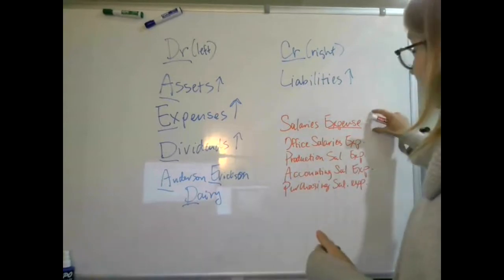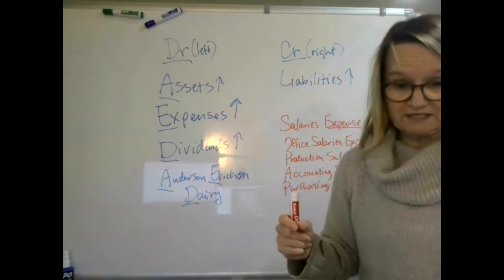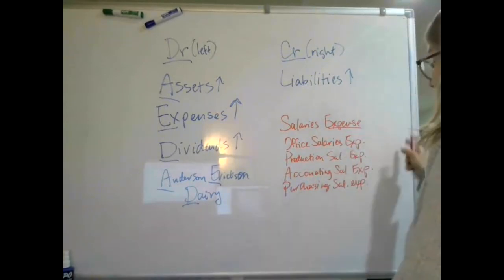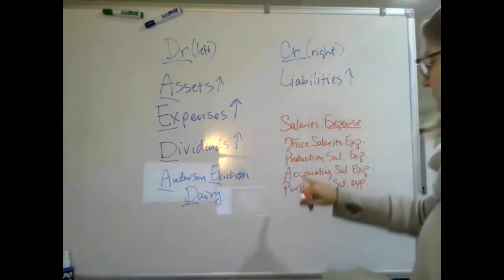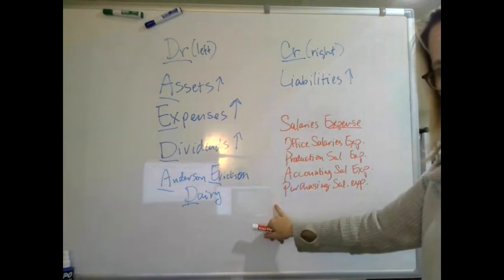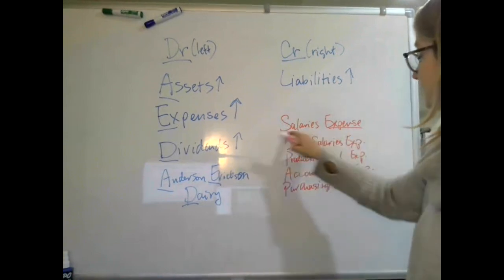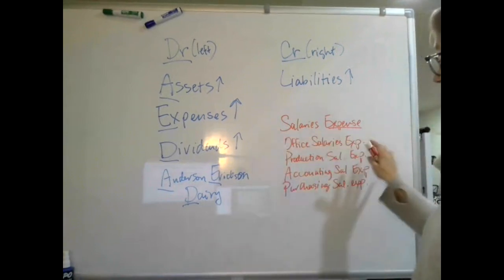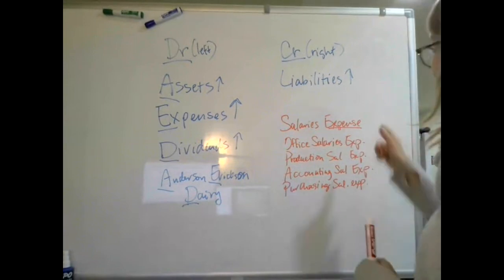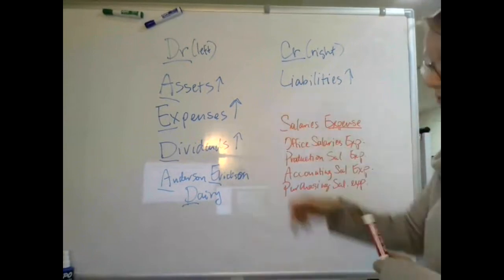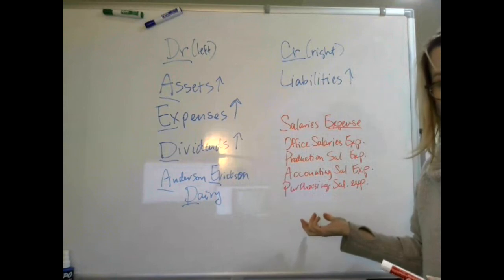You don't know because it's all bunched up under one expense account. In order to solve that problem, you can have these sub accounts, and all of them would be under salaries expense. So you would have the information for each department separately, and also a total for all of those departments.